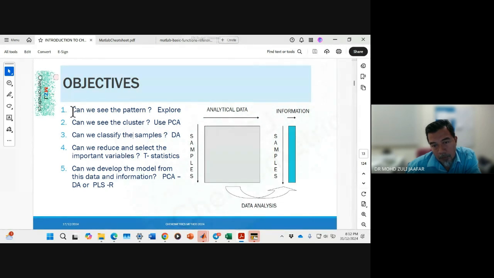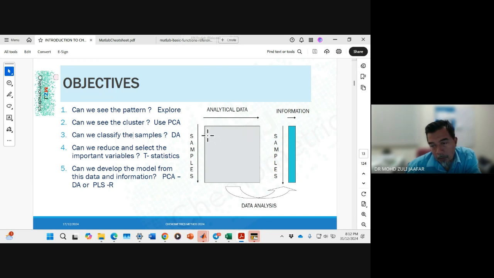So you have to see these ideas in the paper that I provided you in the folder. From the analytical data, you have the information. Maybe the analytical data is the concentration of metal in blood, or the concentration of metal from your sewage.